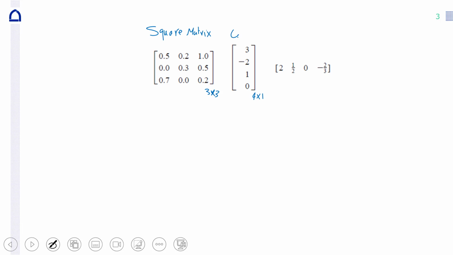Sometimes it's called a vector, if you use it in a vector space. But this one is 1 by 4, and it is called a row matrix. So this one is 3 by 3, this is 4 by 1, and this is 1 by 4.